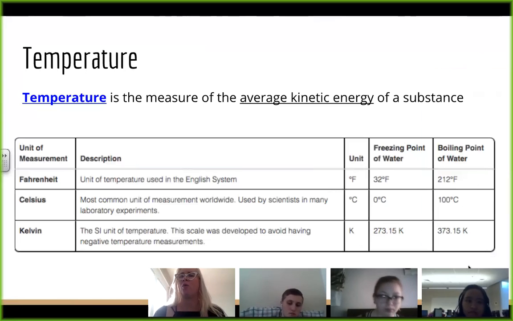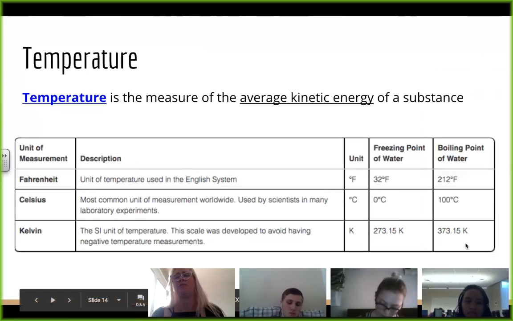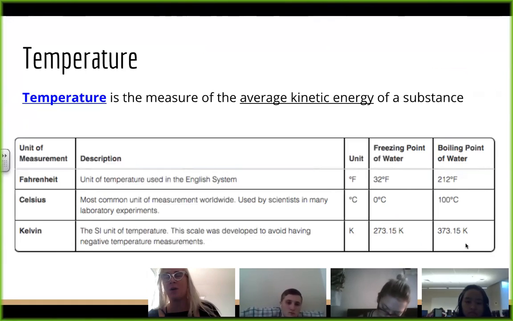The boiling point of water is 373.15, right? And really, the annoying thing about Kelvin is that it has no meaning to you, right? If you say, oh, it's 200 kelvins outside, you're like, what is that? However, you might see kelvins. And notice there's no degree here. It's just kelvins, whereas Fahrenheit and Celsius are in degrees.